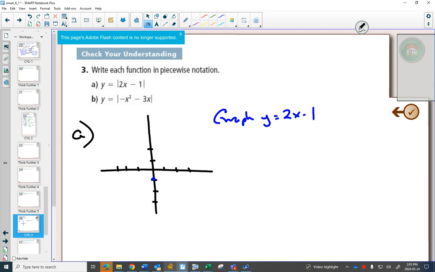So it goes up 2 over 1, up 2 over 1, and this would be the line. The most important point will be this x-intercept. When y is 0, x has to be a half.